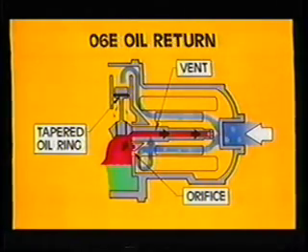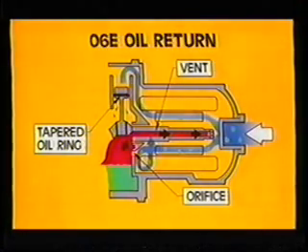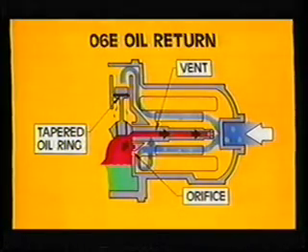We do, however, vent the sump as shown in red and install an orifice in the partition between the sump and motor housing. The vent prevents excessive pressure from building up in the crankcase sump, which could cause rapid oil loss. Typically, crankcase pressure in an O6E will run slightly higher than motor housing pressure.